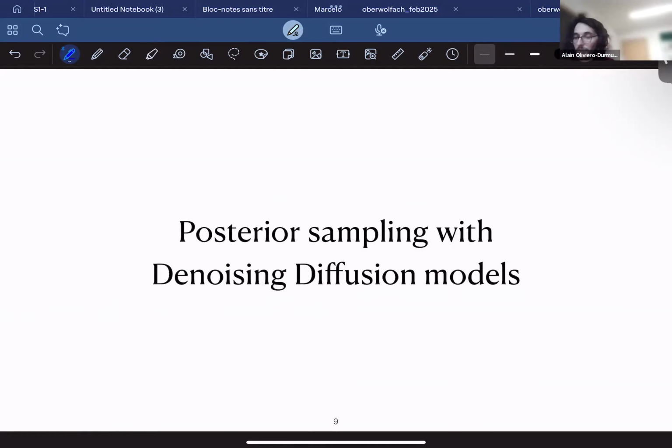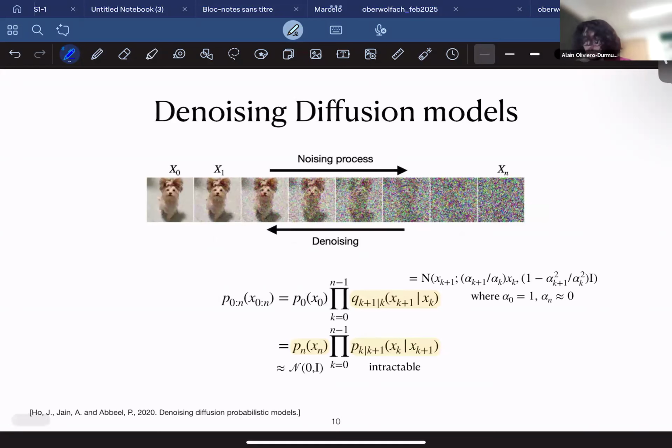Just before presenting one very popular solution, which is posterior diffusion sampling, DPS, I want to present the basics of diffusion models, which I need in order to present DPS and the methods that we propose in our paper. So what is a diffusion model? Here I'm considering what I call the DDPM approach, based on the paper by Ho and co-authors in 2020.